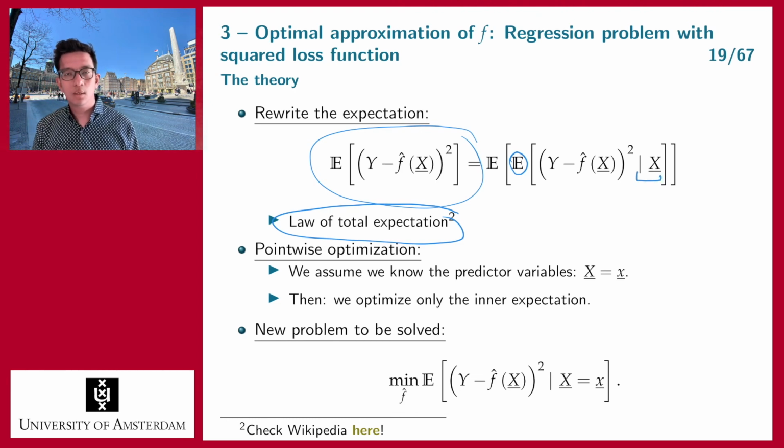What does that mean? Conditioning on X means from now on, we are going to do as if we know X. It means that instead of saying, well, I'm going to randomly take someone from my portfolio and then I will make my prediction, I'm now saying, well, I already took someone from my portfolio.